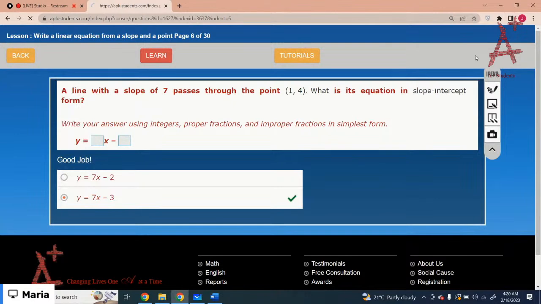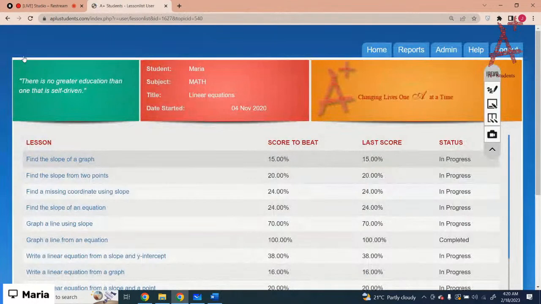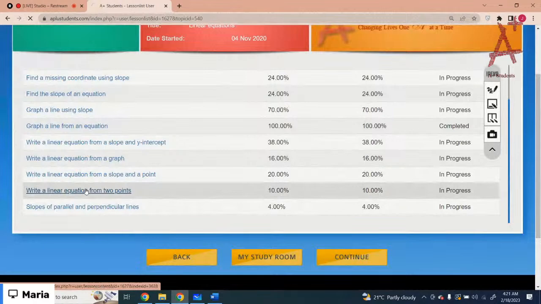You can complete the test by yourself later. Let's move on to the next lesson: write a linear equation from two points.